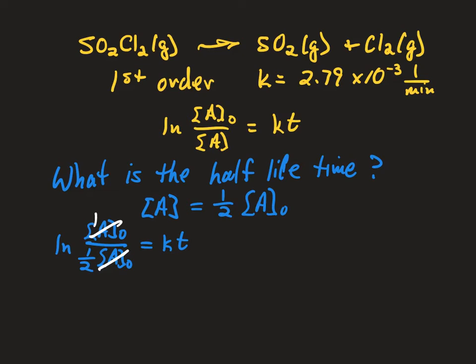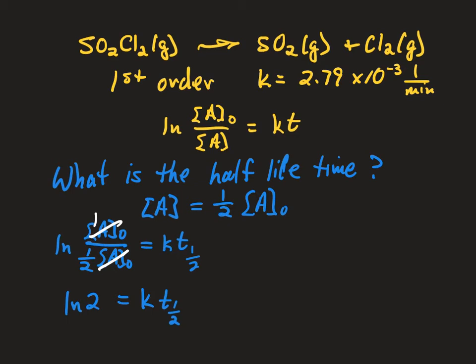So you get the natural log of 2 is equal to K times the half-life time. So the concentration doesn't matter in determining the half-life time of a first-order expression.